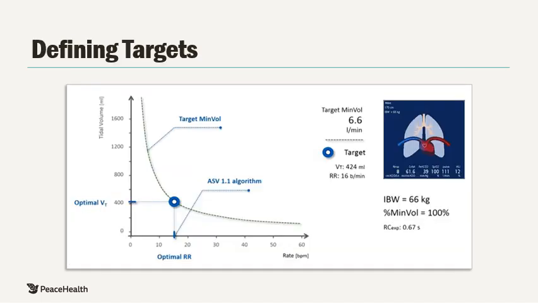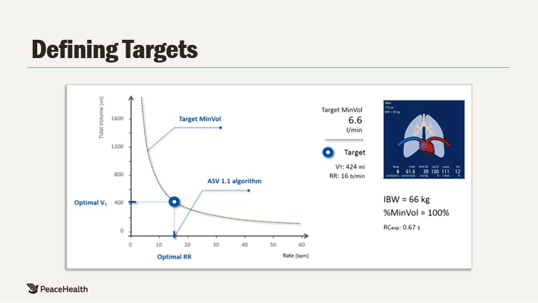Now let's look back to the ASV graph, one of the graphic options on Hamilton ventilators in ASV mode. This graph can help you understand how targets and limits are being defined by ASV. Here we show a patient with an ideal body weight of 66 kilograms, which generates a target minute ventilation of 6.6 liters per minute at a setting of 100% minute volume.